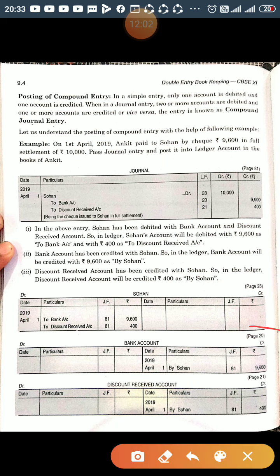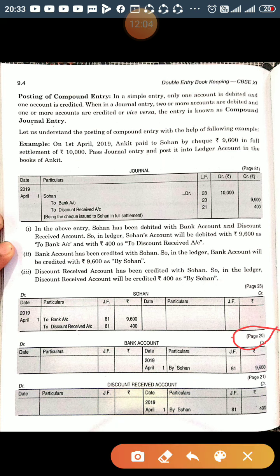The same way, bank account was opened in the ledger, page number 20, so you will put in the ledger folio column 20, right? Now the same way discount received account will be opened. Discount received account is credited with 400.